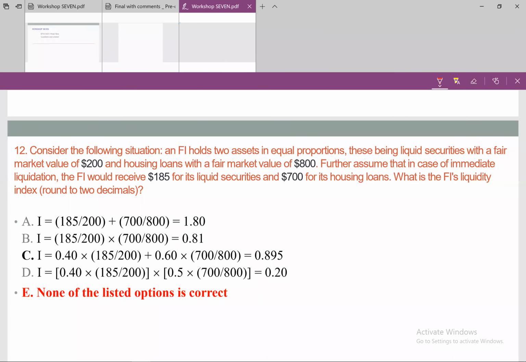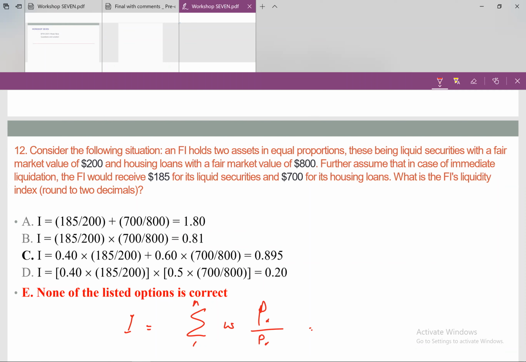Anyways, this is the actual liquidity index, which is the sum from 1 to n of weight times B over B star.